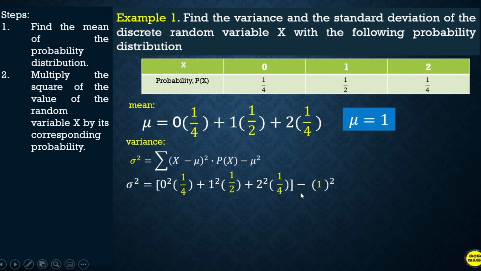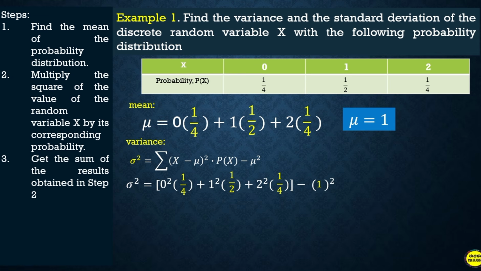Ihiwalay nyo dun sa part na to. Kasi kapag tinuloy-tuloy nyo yan, pwedeng iba yung makuha, magkakaroon ng pagbabago sa final answer. So, next is simplify nyo to. Isa-isahin nyo lang 0 squared times 1/4.